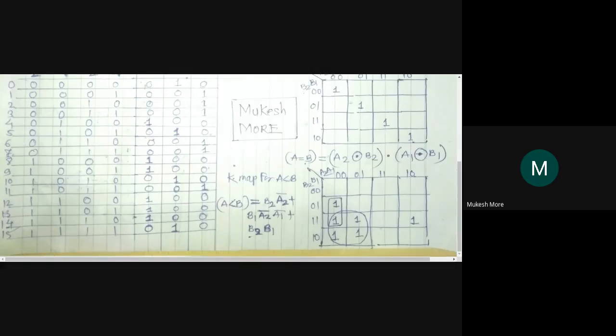To draw the circuit diagram, you need to take four variables, that are A1 A2 and B1 B2, and their complements. So A1 bar is there, B1 bar is there, A2 bar is there, B2 bar is there.